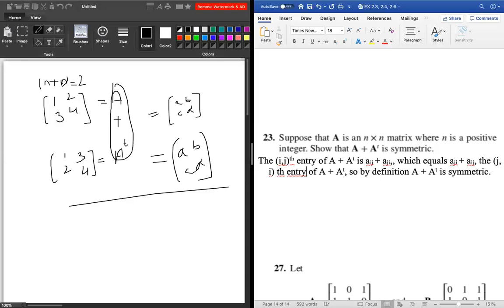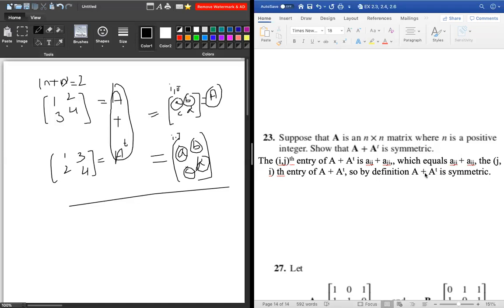Okay, so basically what we said here is, we suppose there is an entry ij, represented as i and j in the matrix A. If we take the transpose of it and add it with A, it still remains in the same position ij, because these positions remain the same for the elements in the matrix A and in the matrix A plus A transpose.